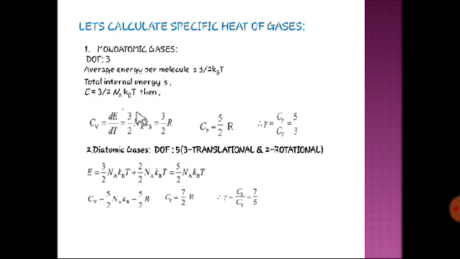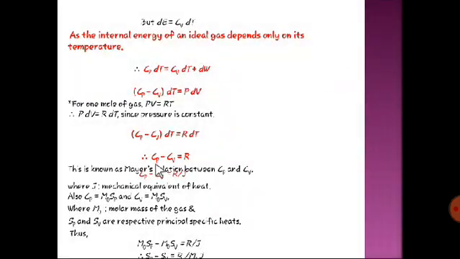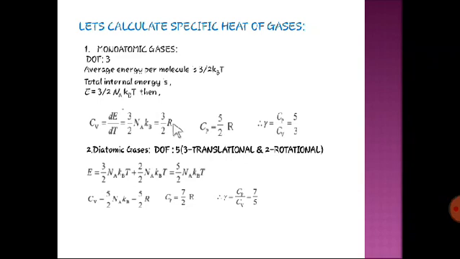So here, instead of NA and kB, it is nothing but the gas constant R. So you are getting Cv as 3 by 2 R. As you all know the relation between Cp and Cv, Cp minus Cv is equal to R. Cv is 3 by 2 R. By putting that value in the given equation, we get Cp as 5 by 2 R.